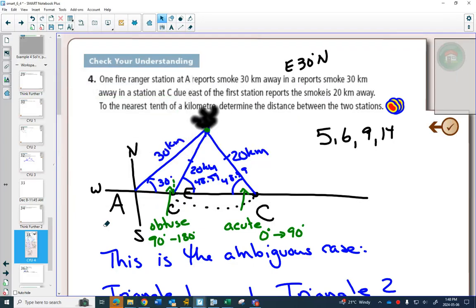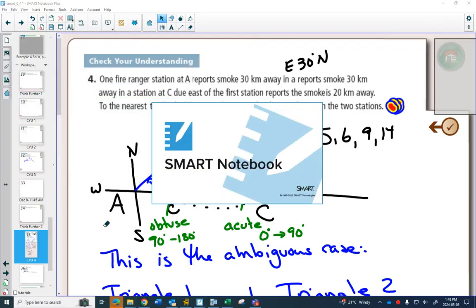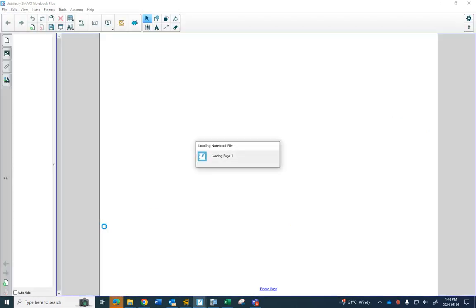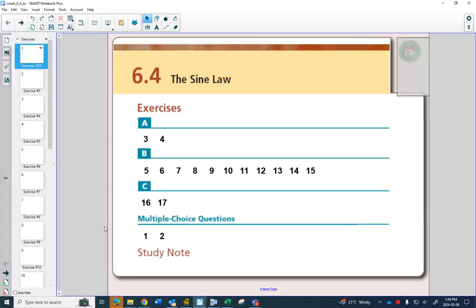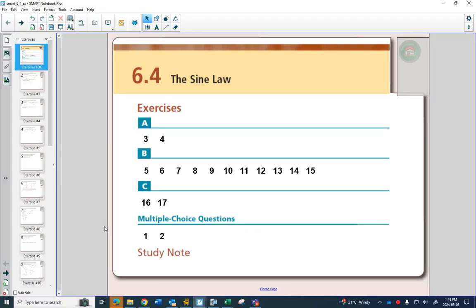Five, 6, 9, and 14. Because I want to point out something that the textbook does. Starting with question number 5.